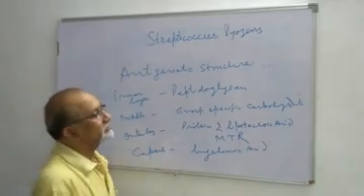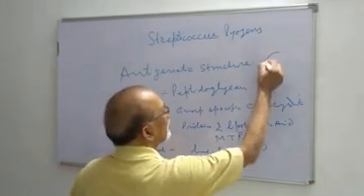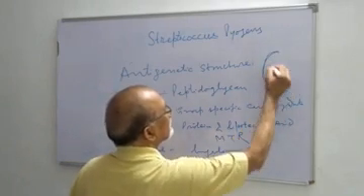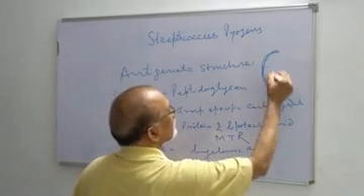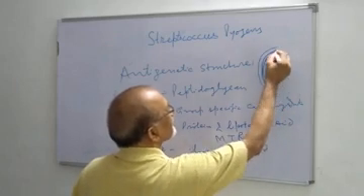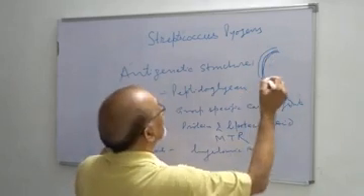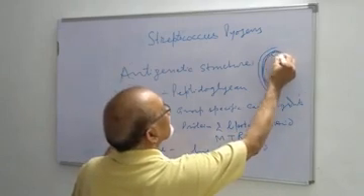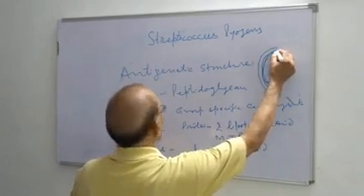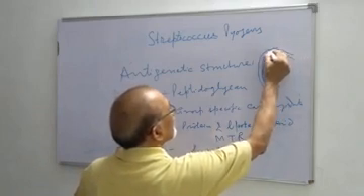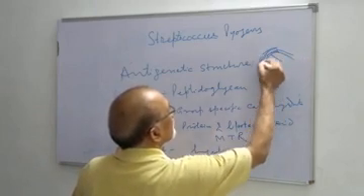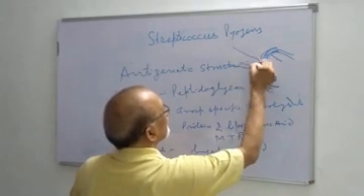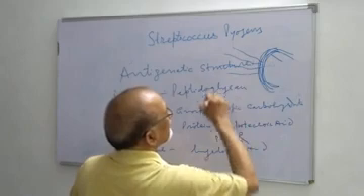And you will see in your book there are so many layers. I am very poor in drawing pictures. These are the inner layer, the second is the middle layer, and the third one is the outer layer, and this is the capsule, from which the villi come out.